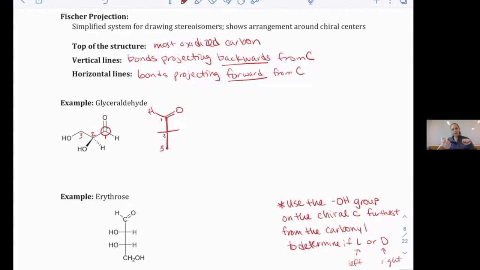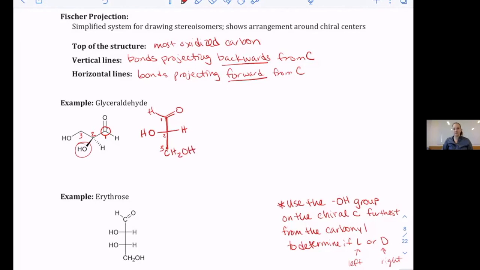So if I grab that molecule, lift it up and turn it towards me, that oxygen would be towards the left. So this oxygen would go on the left on carbon 2, and we'd have a hydrogen on the right. And then carbon 3 doesn't have a chiral center, so we don't need an intersection there. We just need to write CH2OH to show that orientation.